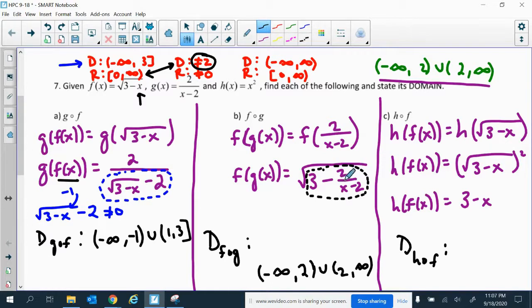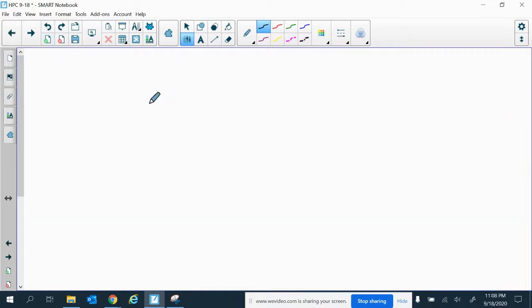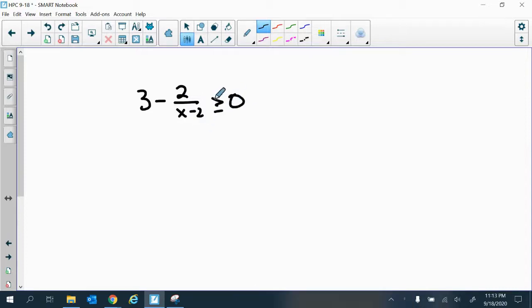So I have to kind of analyze this situation, and this is one of the harder things that we're going to have to analyze. So I'm going to actually put this on a separate slide. 3 minus 2 over x minus 2 must be greater than 0. Actually greater than or equal to 0, because we're allowed to have the number underneath the square root be equal to 0.